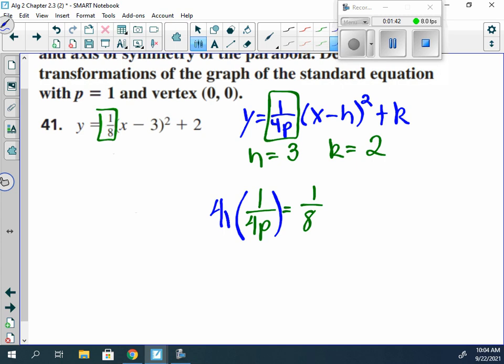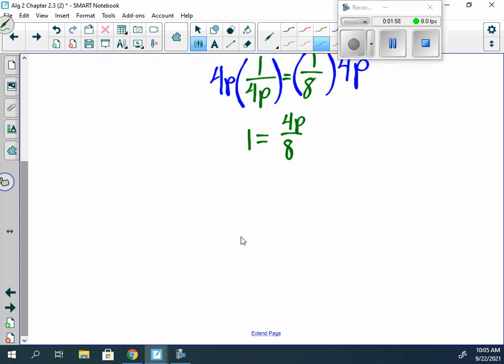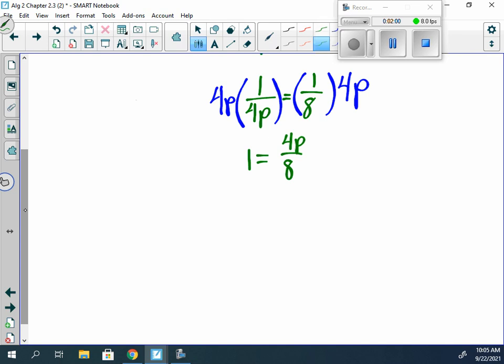Multiply both sides by 4P. You can say 4P over 8, because the 4P will only multiply with the numerator. Really we could say that we're multiplying by 4P over 1. 4P times 1 on top is 4P. The 8 times 1 on bottom would just be 8.